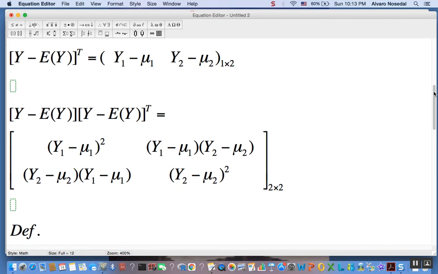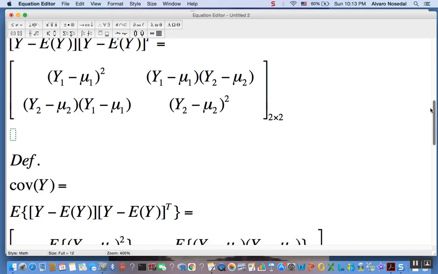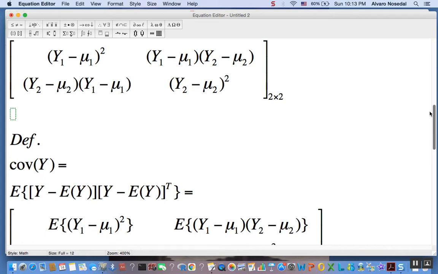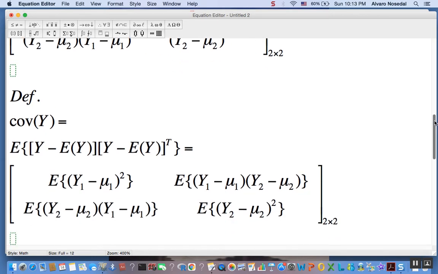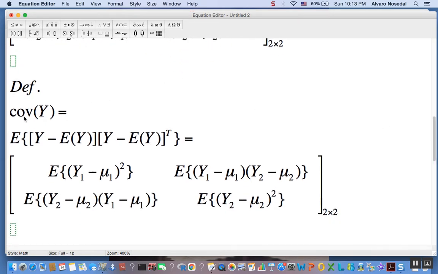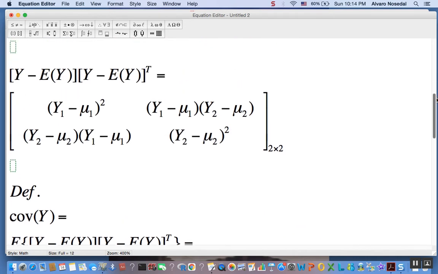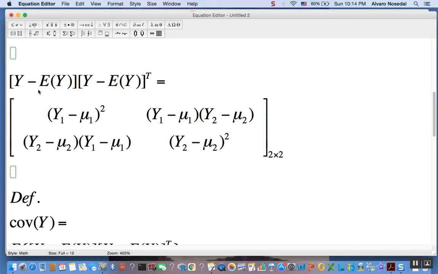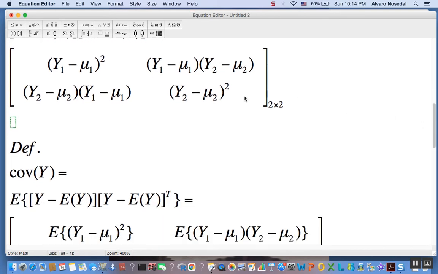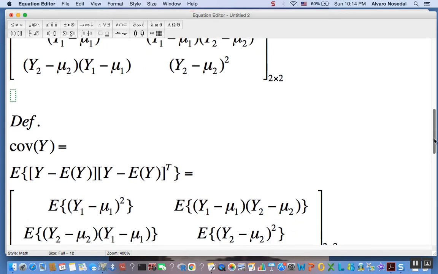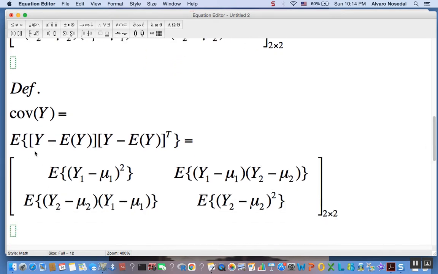Be careful, because when we talk about the covariance matrix, now you can see that it's going to be a matrix, because it's the expected value of that 2 by 2 matrix, in this case, that we just computed, right? It's a 2 by 2 matrix, and we want the expected value of that matrix.